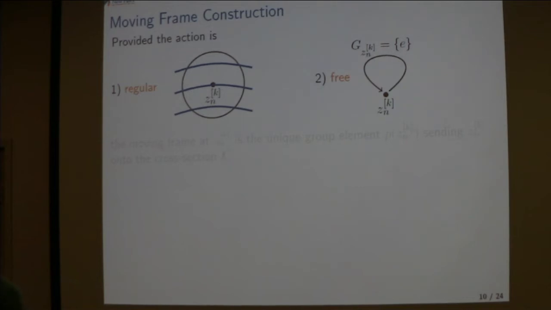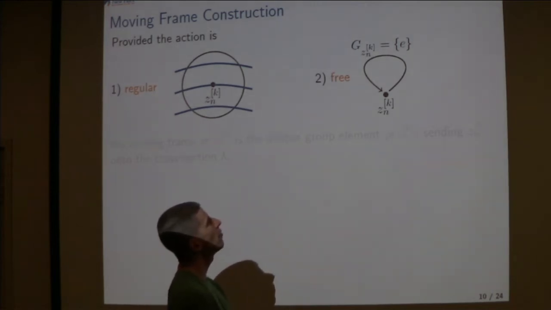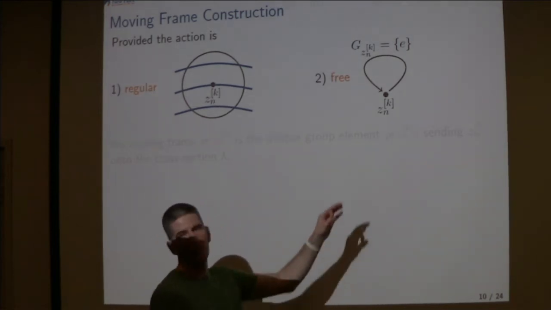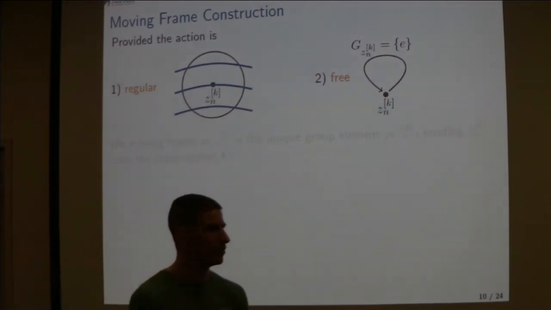We are trying to avoid something like an irrational flow on a torus. We want nice orbits. And we want the action to be free, which means that the only group transformation that fixes a point is the identity. That's what we require.